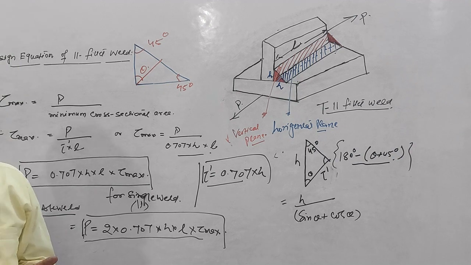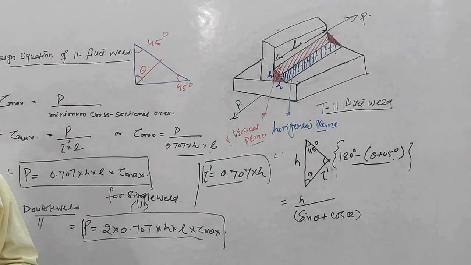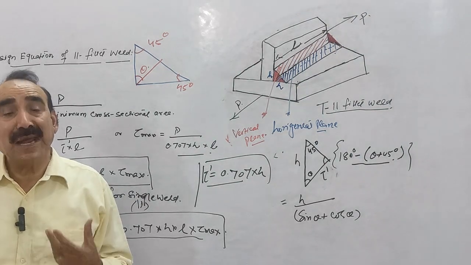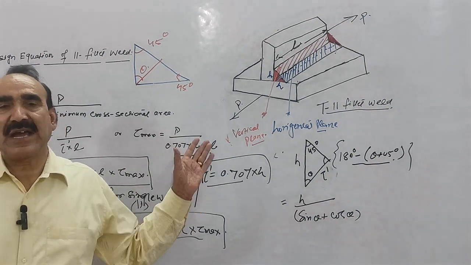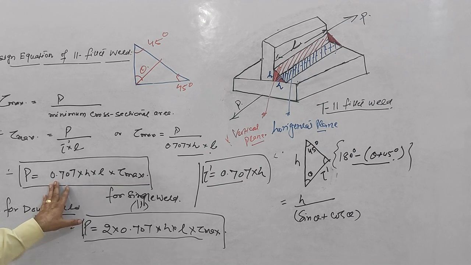So when the force is acting parallel to all the planes, the stress which will develop there is shear stress, and the rest I have just calculated. So I think this is very much clear to you. Now the next one, just see.